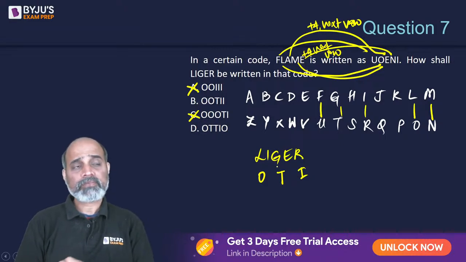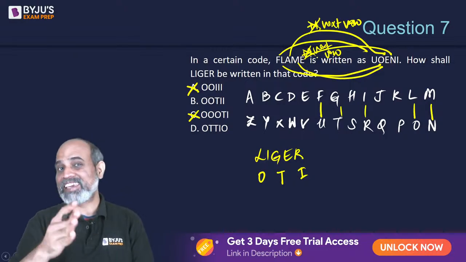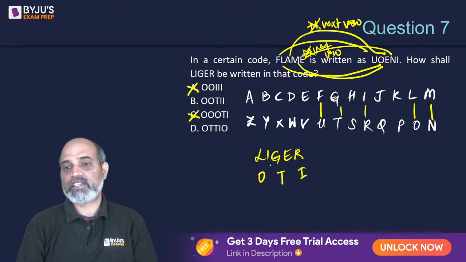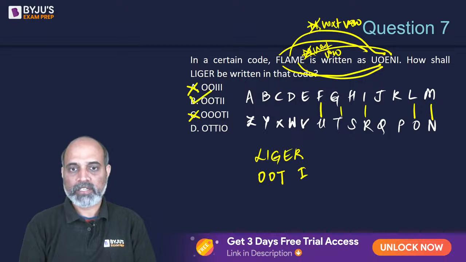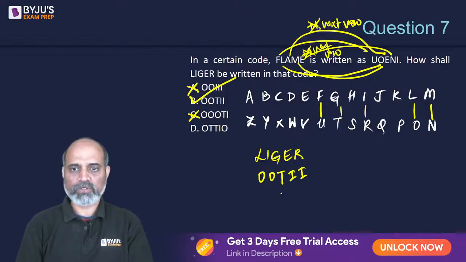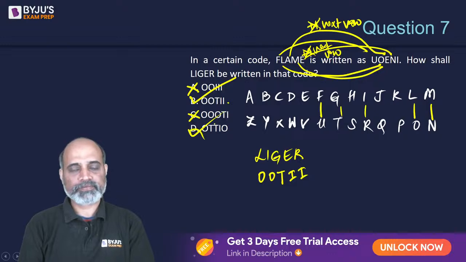Next, if I add 4 to it, I will end up at M. There is no M. So we're not talking about +4. We're talking about the next vowel, A, E, I, O, U. So after I, the next vowel that we get is O. So we need to have double OT, which will be this. And for E, the next vowel after E is I. So double OT, double I. So B is anyways the answer. Right?